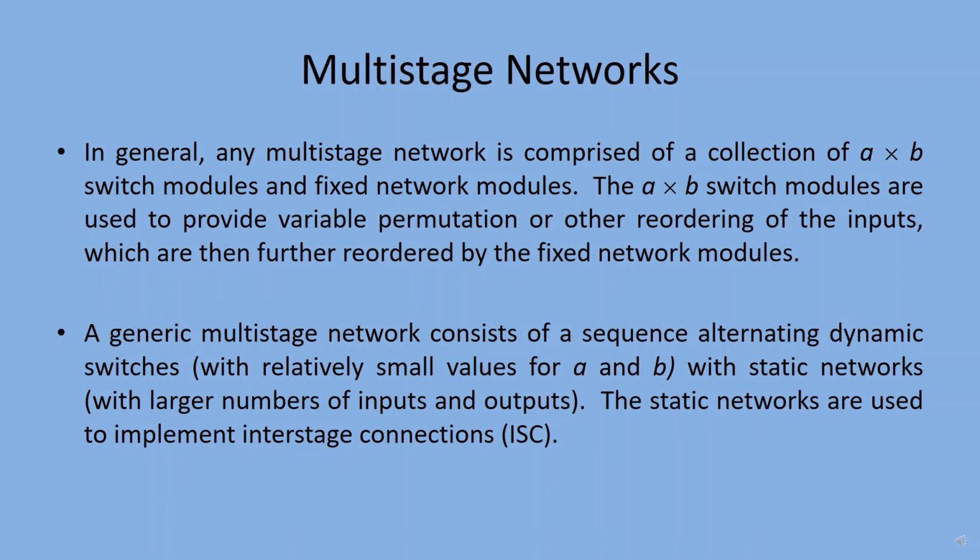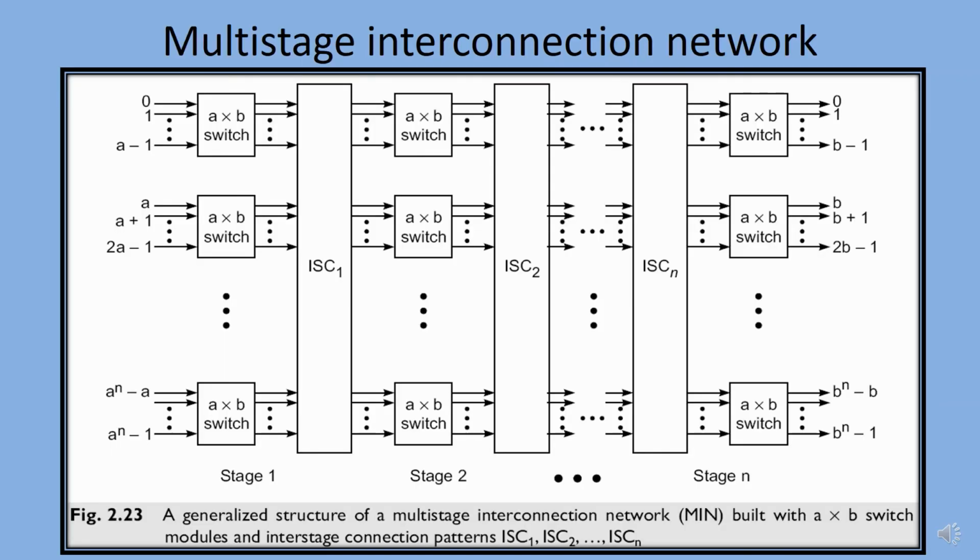Fixed interstage connections are used between the switches in adjacent stages. The switch can be dynamically set to establish the desired connection between the input and outputs. Diagram shows the generalized structure of a multi-stage interconnection network.